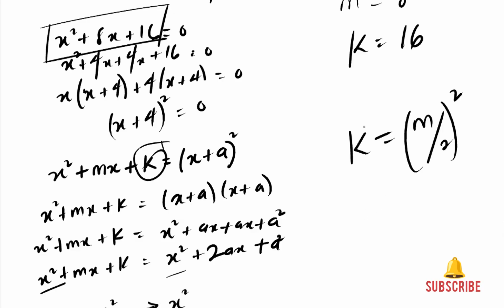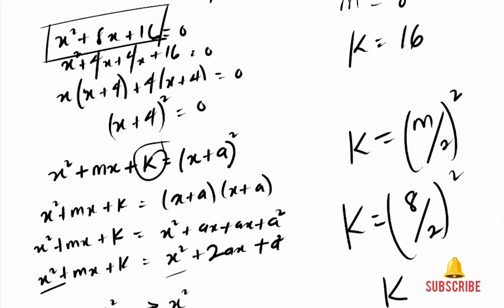Then let's check if this relationship is true. So k equals to, our m is 8. Let's divide it by 2 like we have here, and let's square it. So we have k equals to, 2 in 8 is 4. We have 4 raised to power 2. k is 16. That means k is correct with this. So that means this is true.